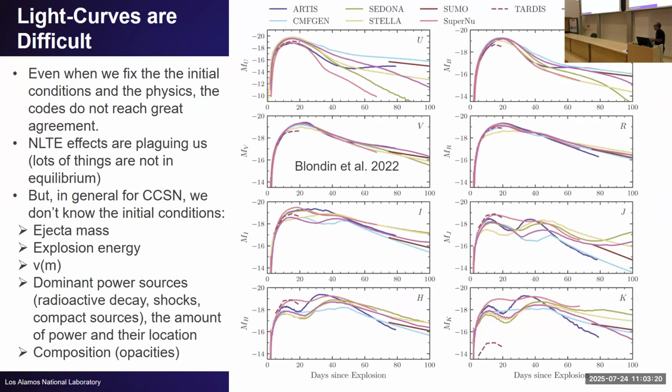So the groups that are there, you can see the codes: Artis, CMFGEN, Sedona, Stella, Suma, Supernu, Tardis, and Eurolite. These are all different transport mechanisms. Supernu is Monte Carlo with discrete diffusion, Monte Carlo for the optically thick part. Several of these are Monte Carlo.